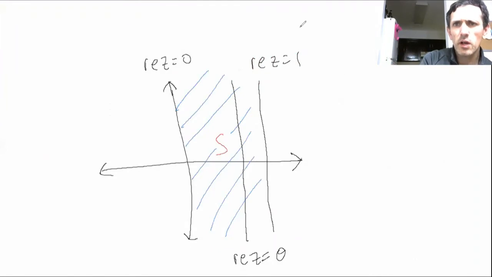Here the imaginary part of z is n, and here the imaginary part of z is minus n. So if we're in the strip, but between minus n and n for the imaginary part, then we're just in this rectangle here.